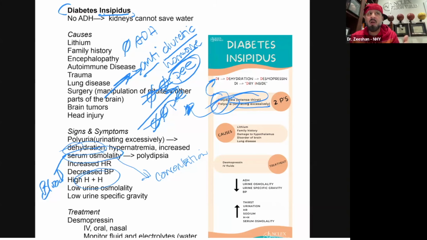Now, if my urine is concentrated, and for those that don't know my background, I was an MA, a medical assistant, before I went to med school, right? So I used to grab that little cup of urine specimen from the little metal cabinet that was connected to the bathroom. Anybody that's ever done a urine dipstick or urine analysis, you open it up, and for a concentrated urine, it's tea colored, cola colored.